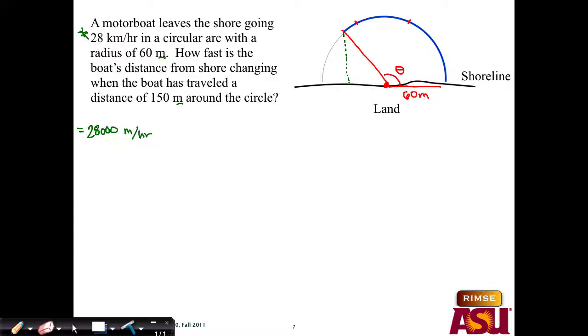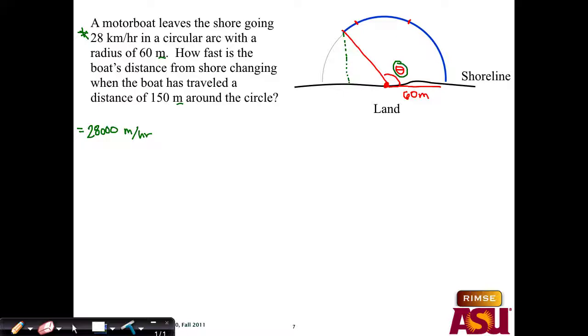But again, I want to know how fast this length is changing relative to where I am on the circle. I know how fast this blue line is changing. So I somehow want to relate the blue arc and the green dotted line there. And both of them are changing. When the blue one's getting longer, at this point, the green one's getting shorter. Earlier on, that wasn't the case. But they are both related. You can relate one to the other a variety of ways, but they're both related to this angle here.